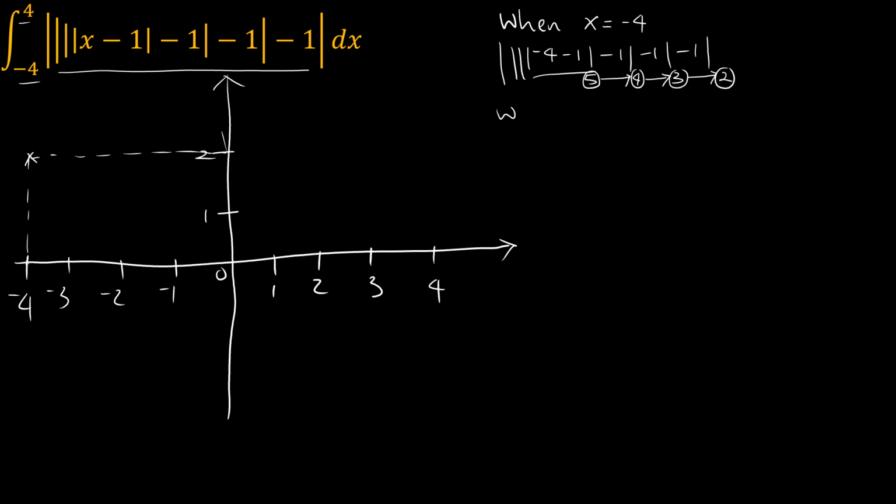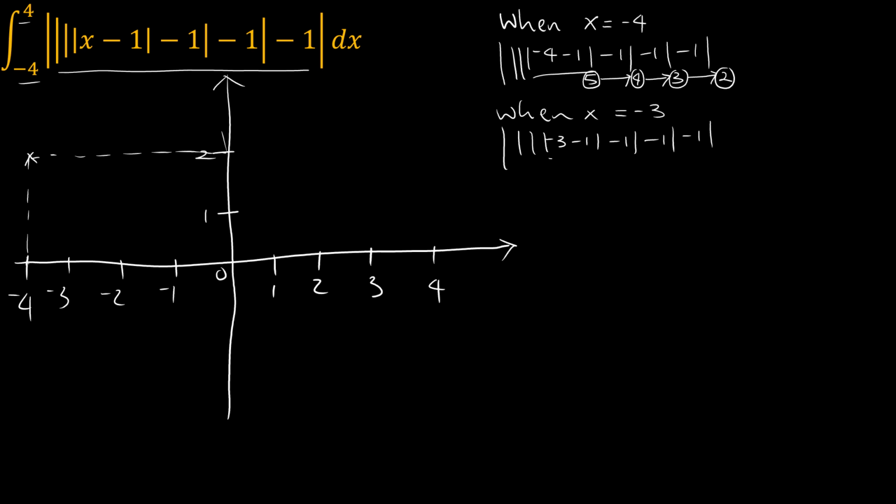Now, when x equals -3, we have -3 minus 1, minus 1, minus 1, minus 1, right? So we're beginning from 4.